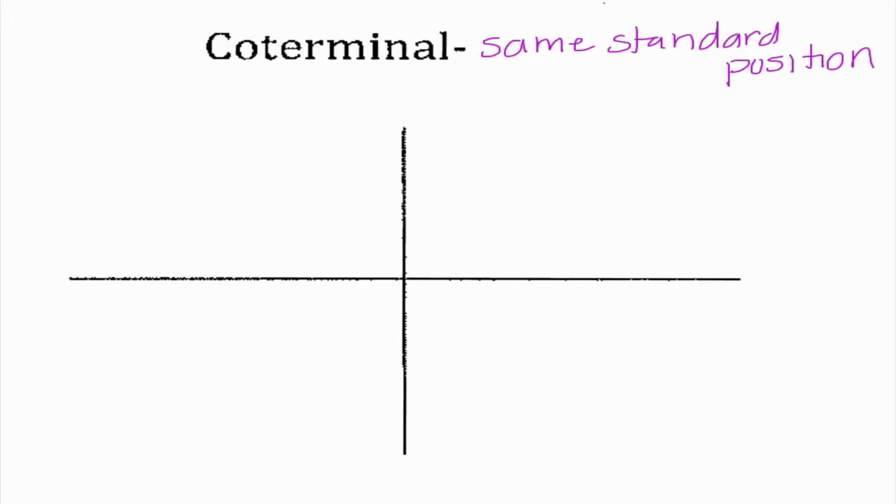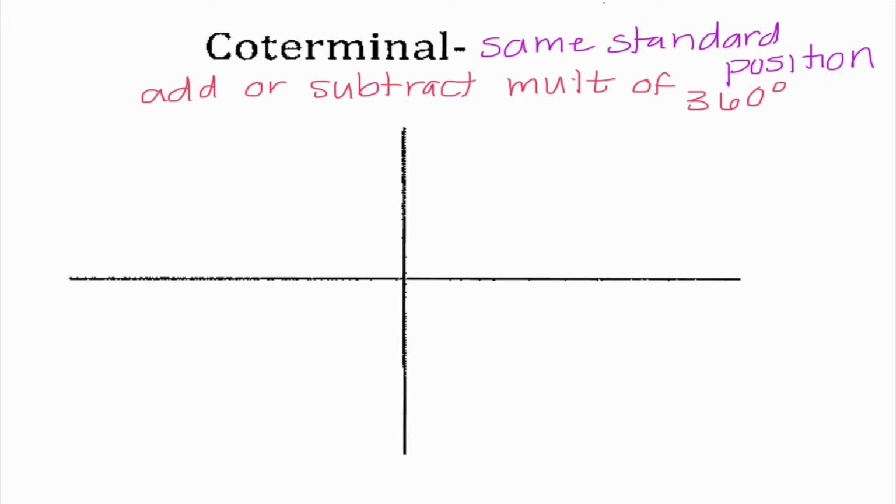And so in order to go ahead and find coterminal angles, we are going to add or subtract any multiple of 360 degrees.